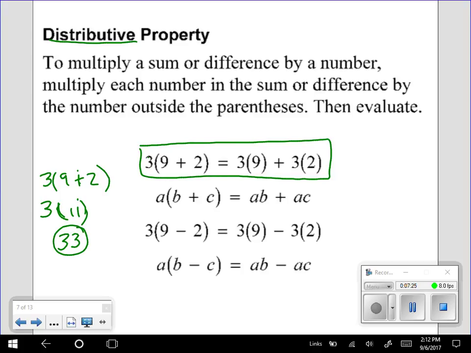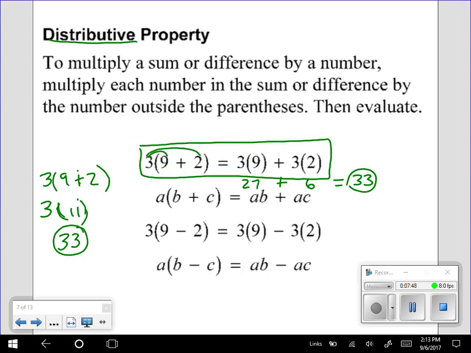So here what they did was they multiplied each piece inside the parentheses by the piece on the outside. 3 times 9 is 27, and then 3 times 2 is 6. If you add those together, you get 33. So whether you do it this way or this way, it doesn't matter, you're going to get the same answer.